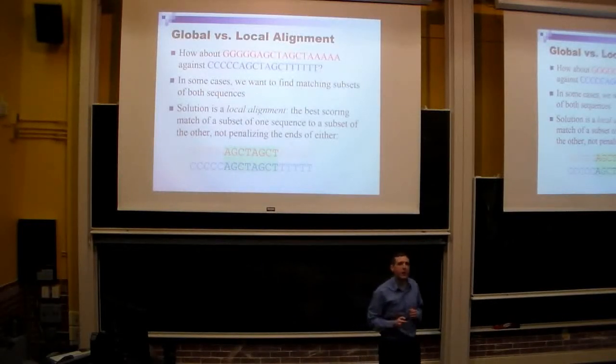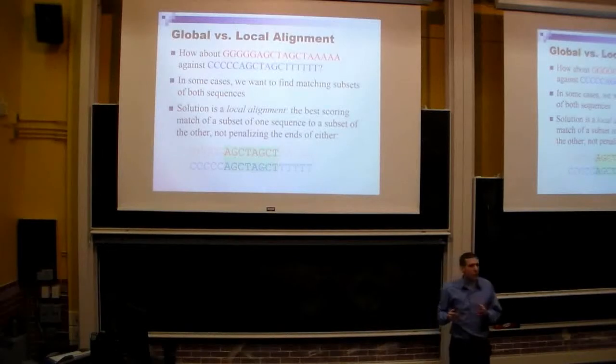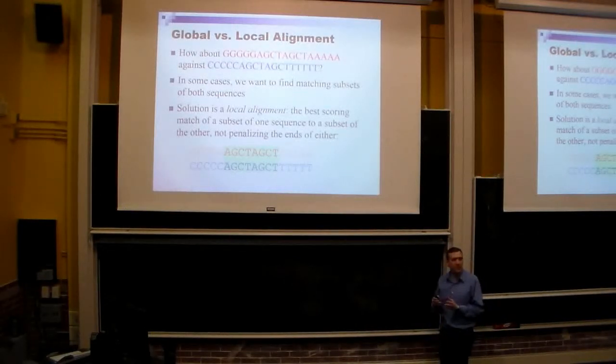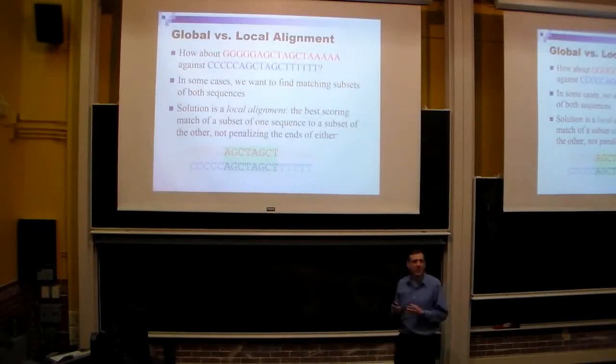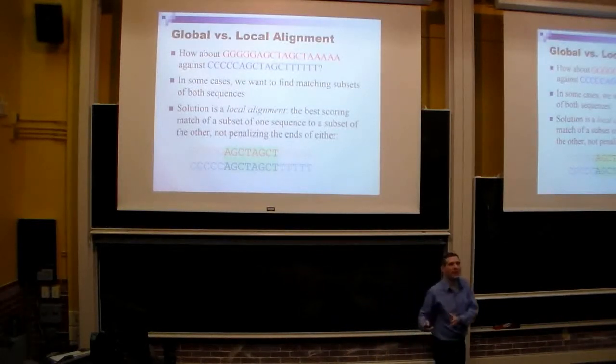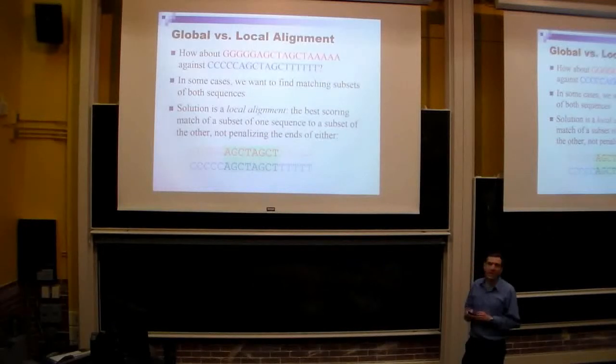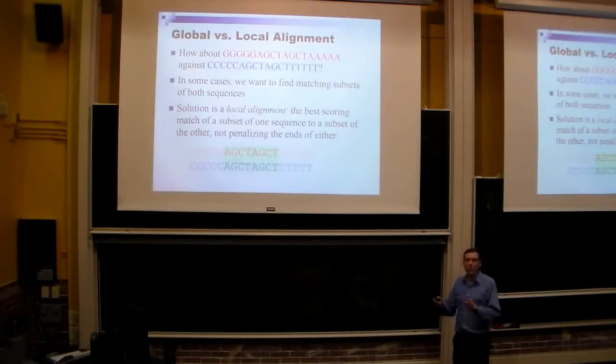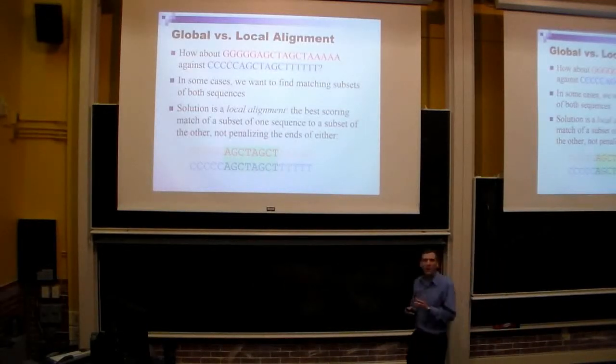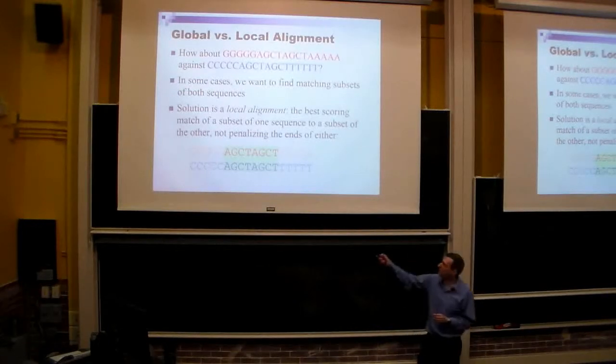It might come about if maybe we sequenced a new organism, so a new bacterium, and we wanted to know if there were genes in that bacterium that matched any bacterium we already know about. We might take the entire genome of that bacterium and try aligning it against entire genomes of other ones we know about, and we wouldn't expect the entire genome of one to have a match in the other. We'd expect little pieces of each genome to align.